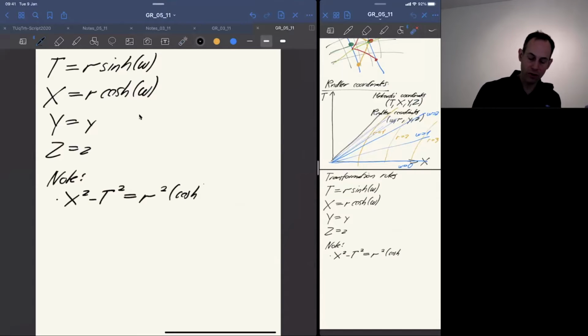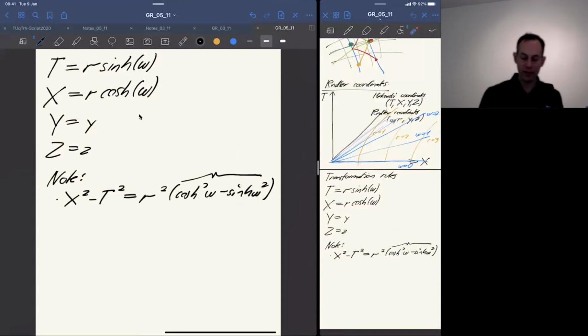That's cosh omega squared minus sinh omega, the whole thing squared. Now, one of the properties of these hyperbolic functions is that this always gives 1. That's actually the main difference to the normal trigonometric functions, that there is a minus sign here. But if you put the minus sign here, then this always gives 1. So this is just r squared.